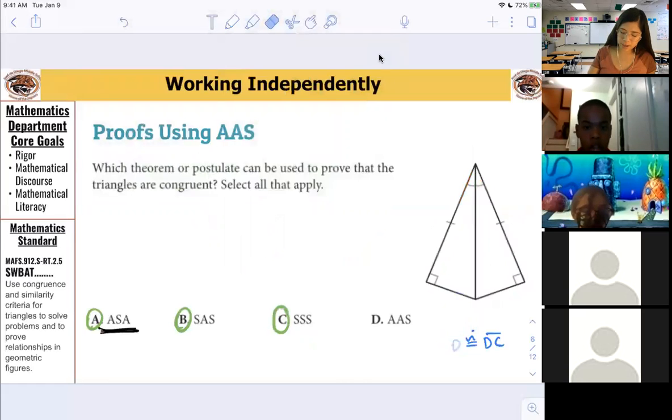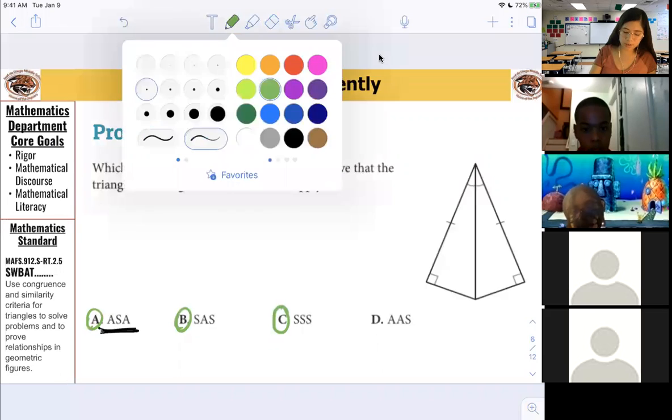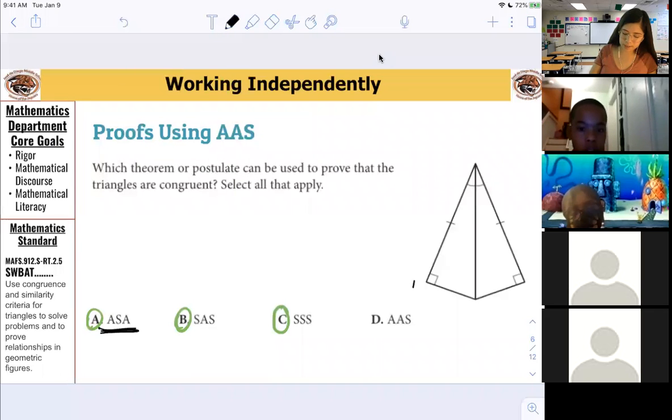Can I use AAS for these two triangles? I want to say yes. Can we highlight which sides and which angles, two angles and one side?